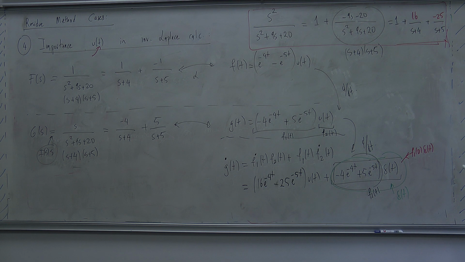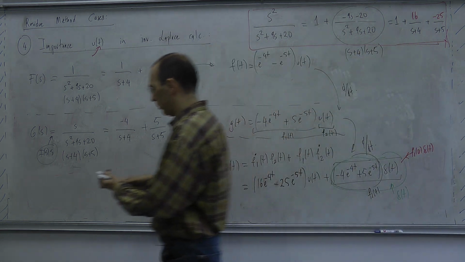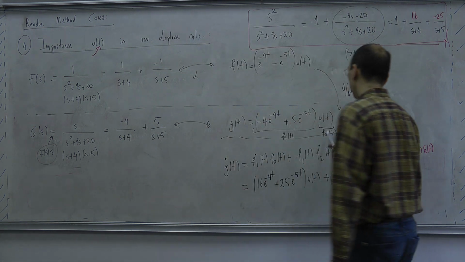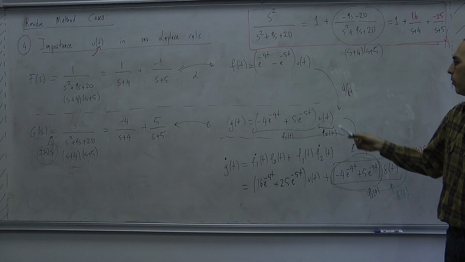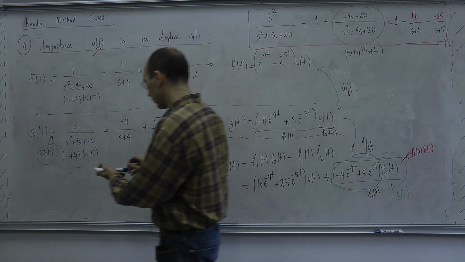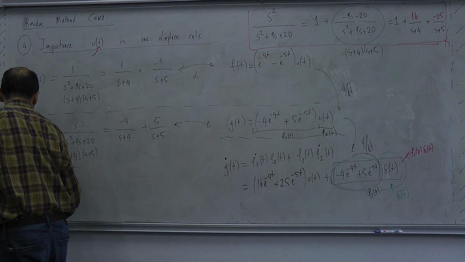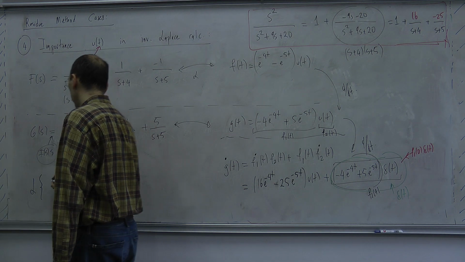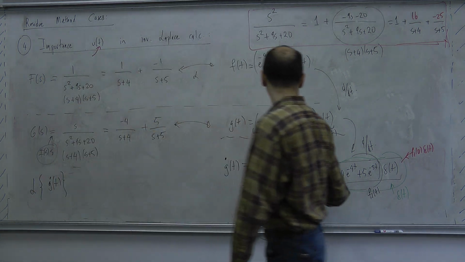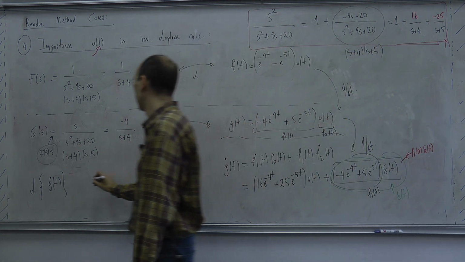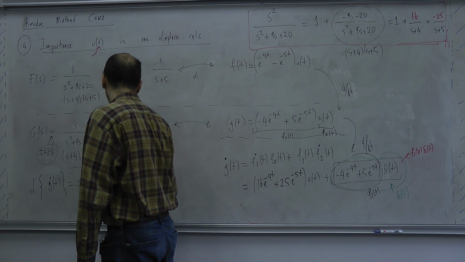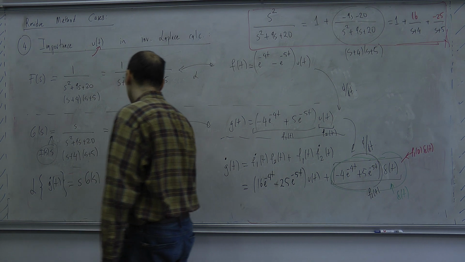So what do I mean by that? If this thing is differentiated this way, this should have a Laplace transform of g prime of t, which is equal to s times G of s minus g prime 0 minus, isn't it?